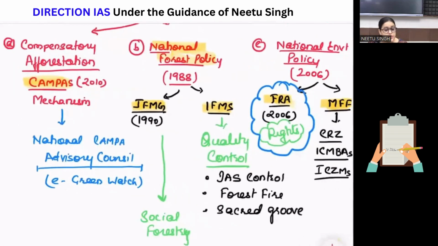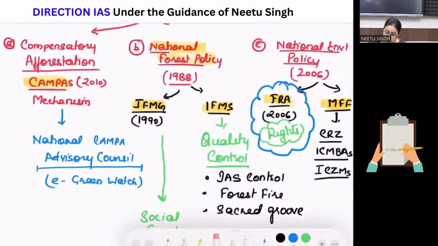Compensatory afforestation began in the 1980s itself. But what compensatory afforestation means for us today is since 2010. In 2010, it marked the establishment of the National CAMPA Advisory Council and e-Green Watch.